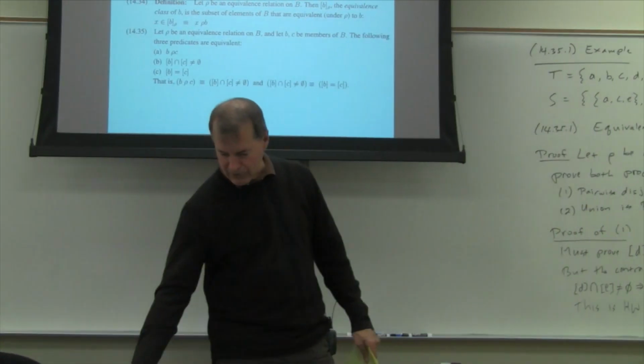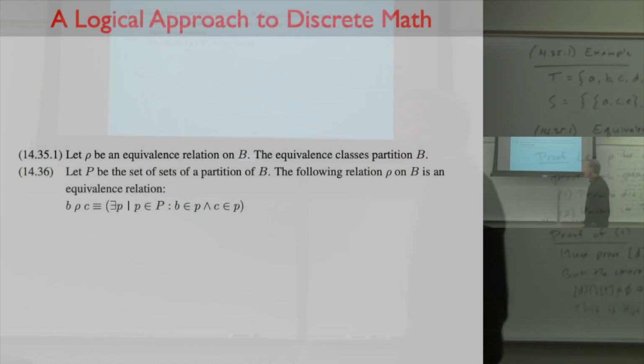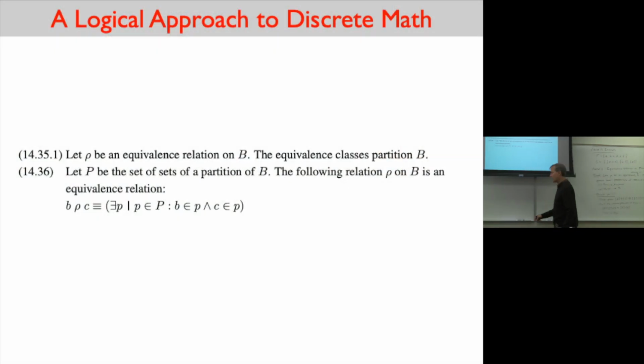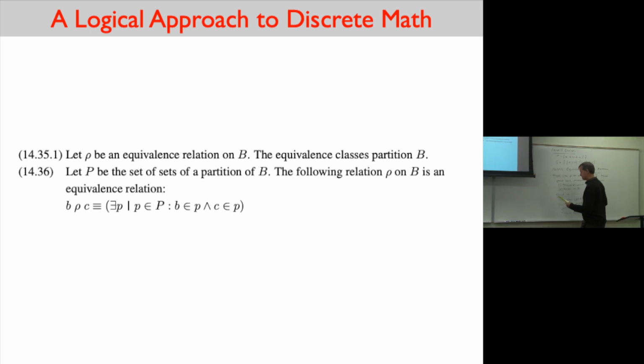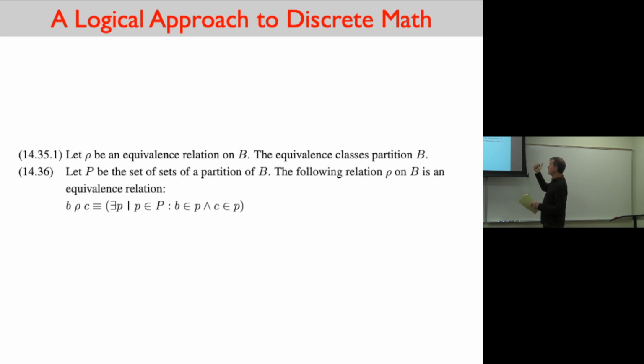Now look at 14.36. 14.36 is going the other way. So 14.35 says given an equivalence relation, prove that the equivalence class is a partition of B. 14.36 goes the other way.